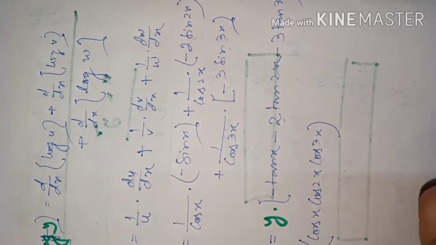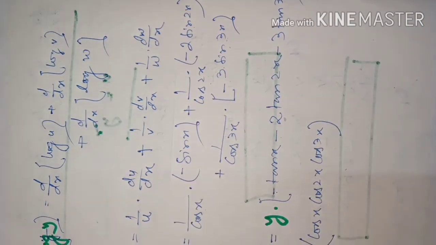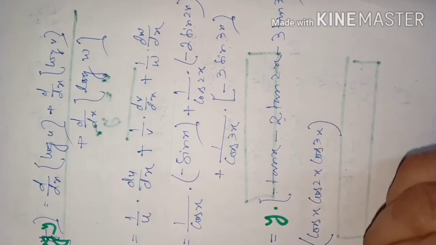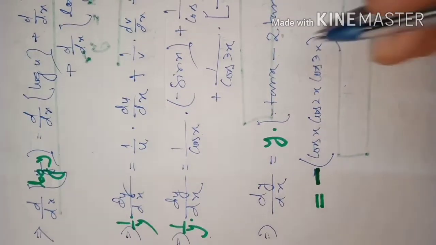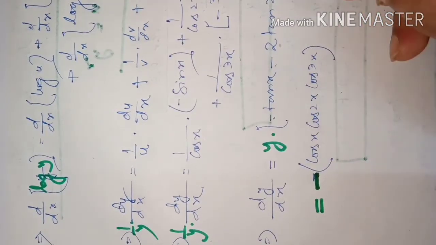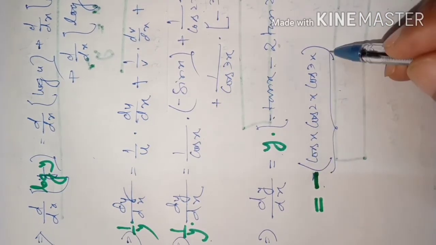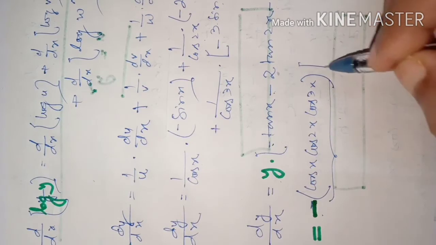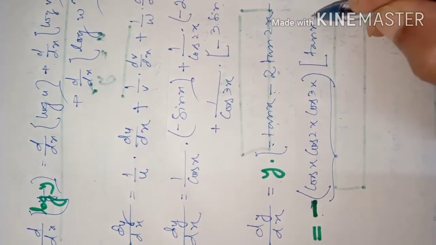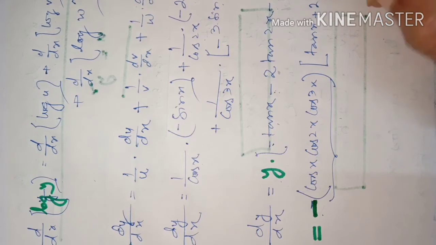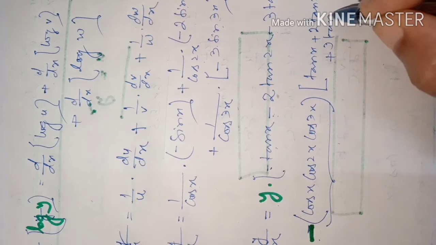For this, we can take the minus as a common factor, and this is for y. Now, in another bracket we have tan x plus 2 tan 2x plus 3 tan 3x.